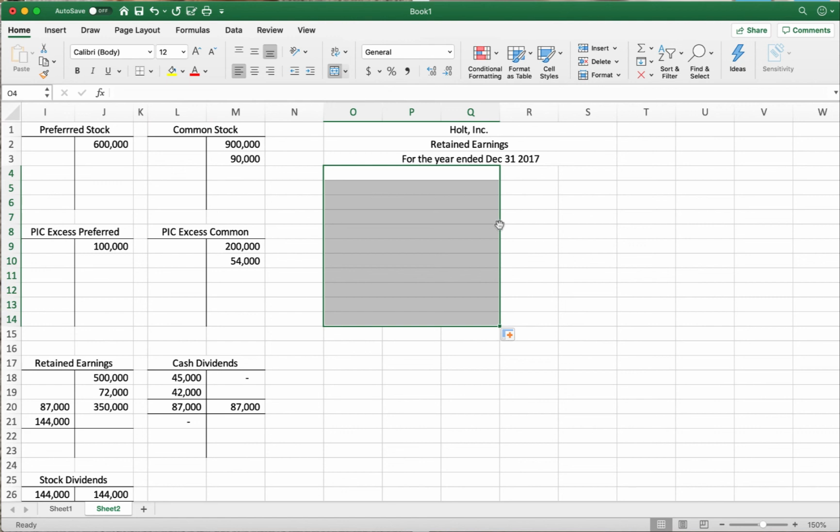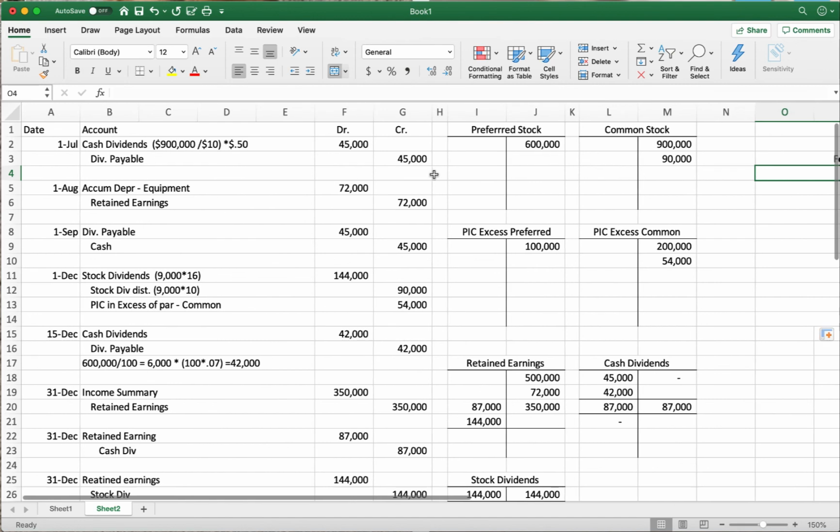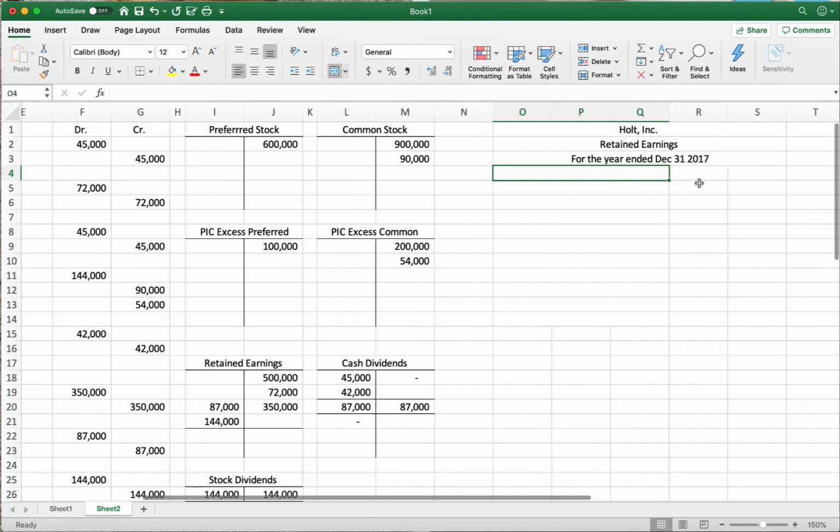Okie dokie. So now what we're going to do is create our retained earnings section, right? So since we had an adjustment here, we need to kind of remember the journal entries that we made, right? So we're going to start with our beginning balance.